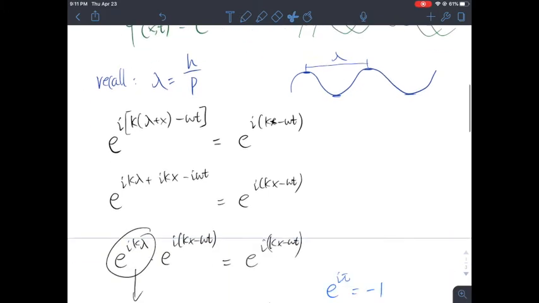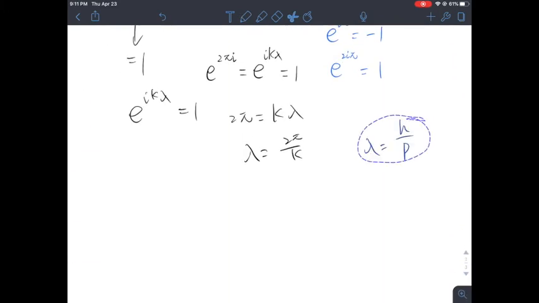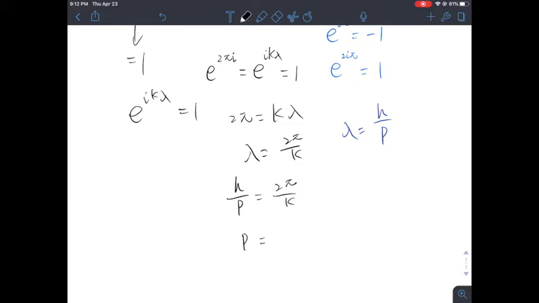As we saw before, lambda is also equal to the Planck constant divided by the momentum. This is our de Broglie wavelength. So the Planck constant divided by p, momentum, will be equal to 2 pi divided by k. K is the constant. Now if we solve for p, p will be equal to h times k divided by 2 pi.